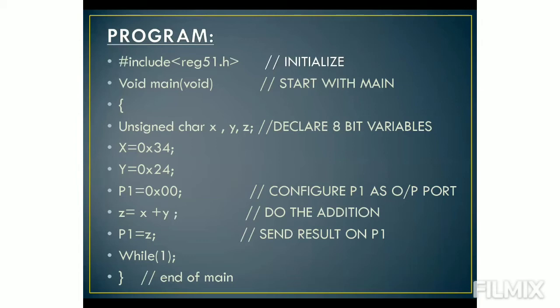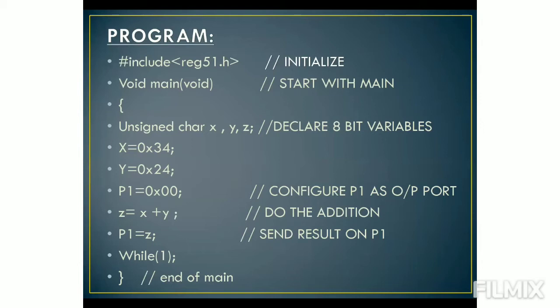Next, x is equal to 0 hex 34 semicolon. Consider x as an input variable and y is also an input variable. So you have to assign some value. Y is equal to 0 hex 24 semicolon.